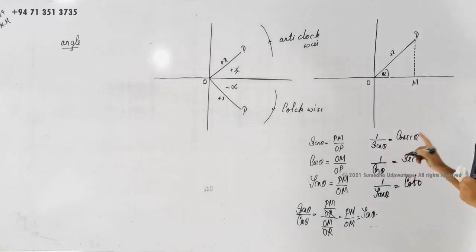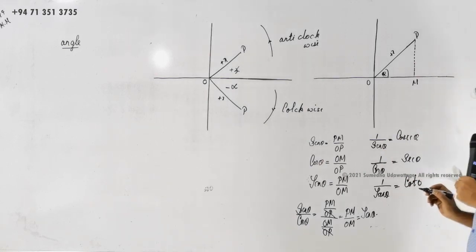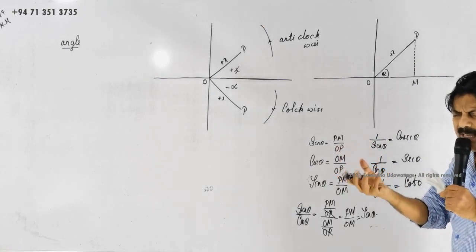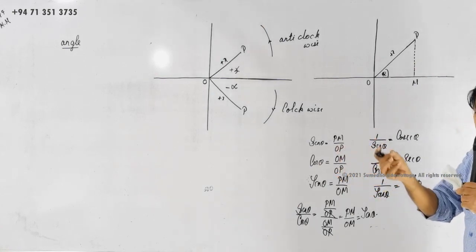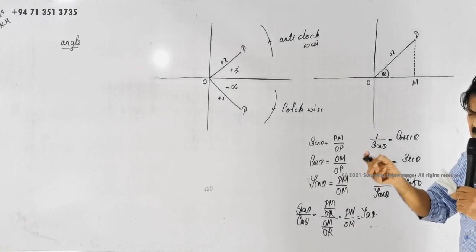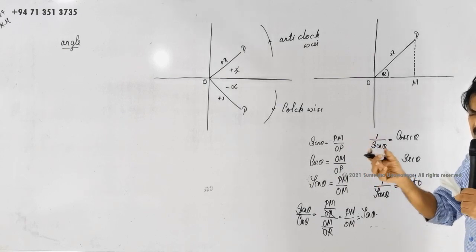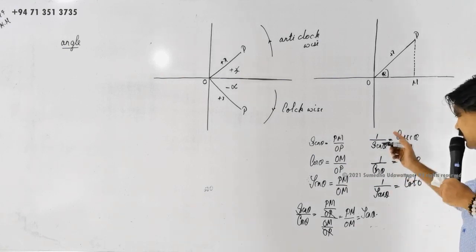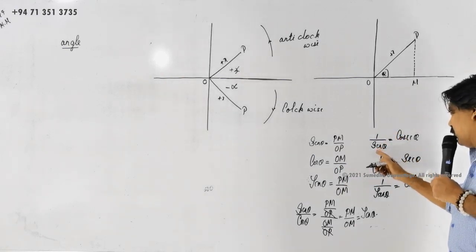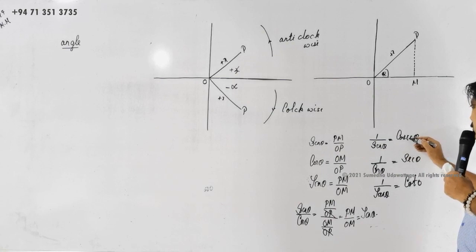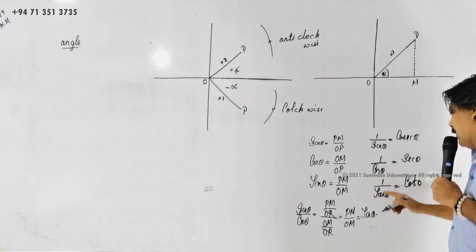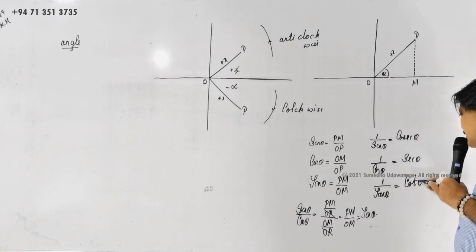Now you have to memorize these values, as you memorize formulae, like the multiplication tables you studied in small classes. 1 over sin theta is cosec theta, 1 over cos theta is sec theta, 1 over tan theta is cot theta.